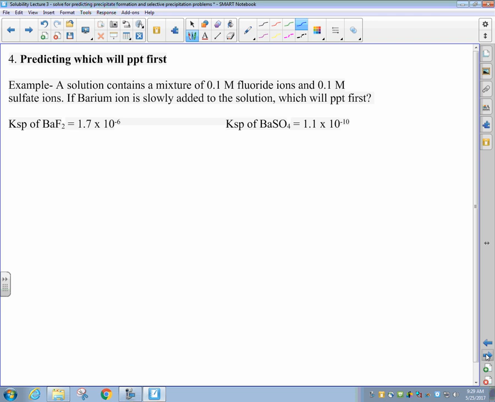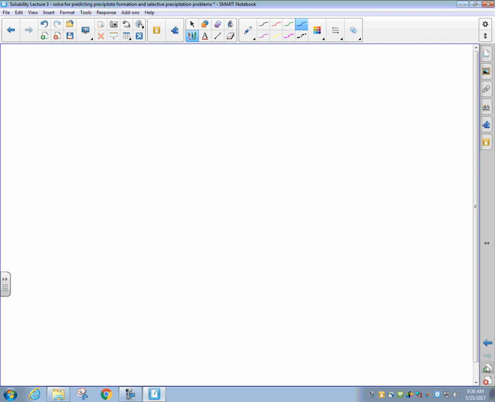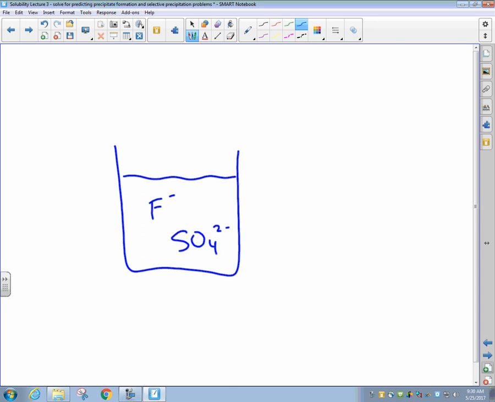We have a mixture of fluoride ions and sulfate ions. If we add barium slowly to the solution, which one of these will precipitate first? So, again, we have a container, we've got the fluoride ions, we have sulfate ions in here. We've got a device that allows us to add drop by drop by drop of barium 2+ ions.